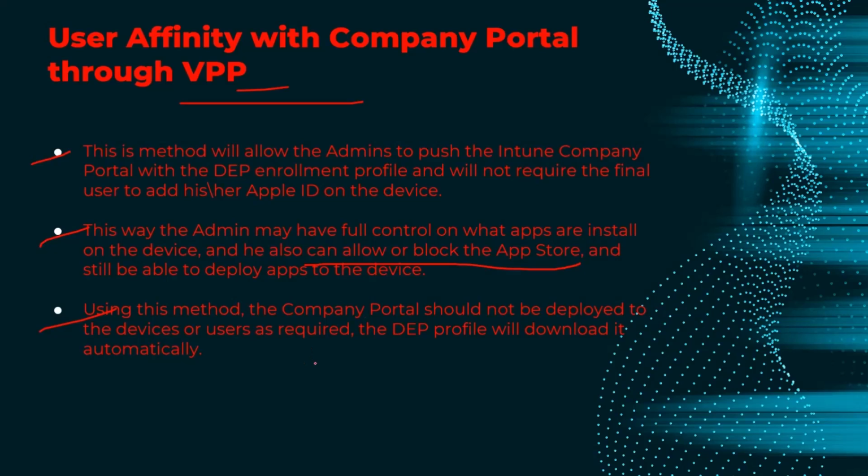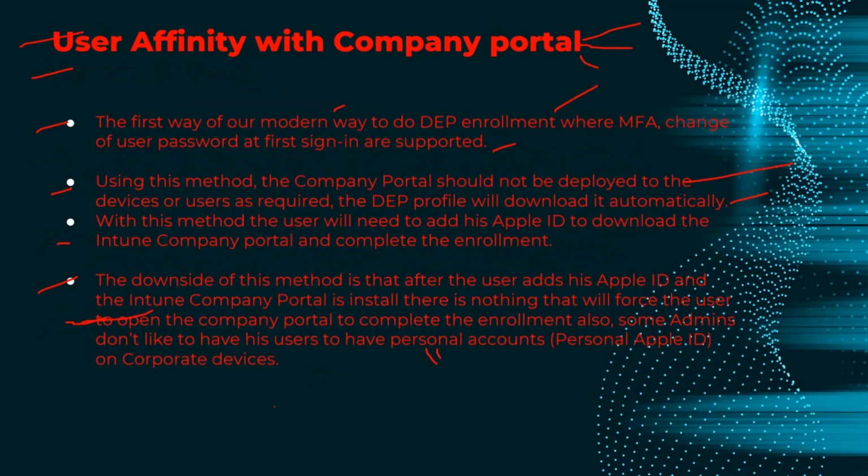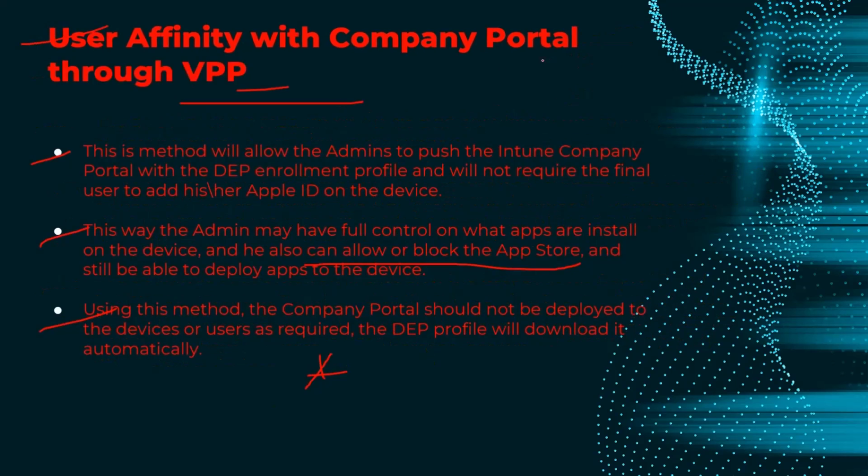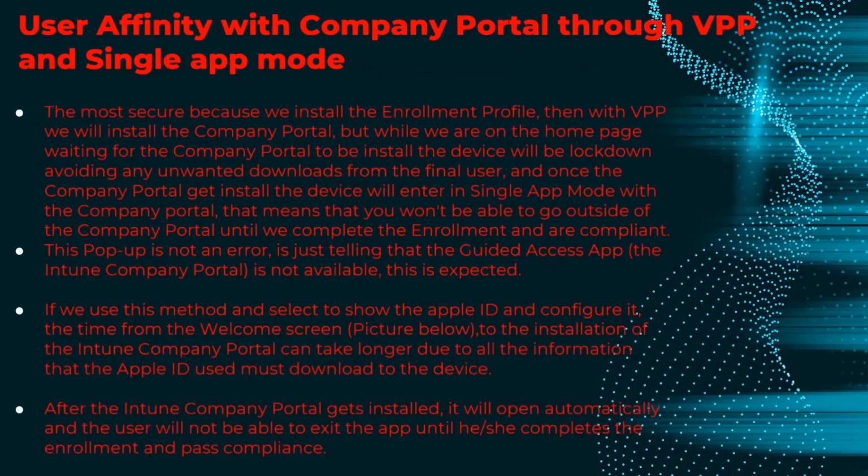This is a very important point, and what this means is, in the ADE profile, we are choosing whether it's going to be this mode or whether it's going to be this mode. But in both the cases, if the company portal is needed as per the mode, we don't have to go into apps in the Intune portal and deploy the company portal application. That is going to come down automatically.